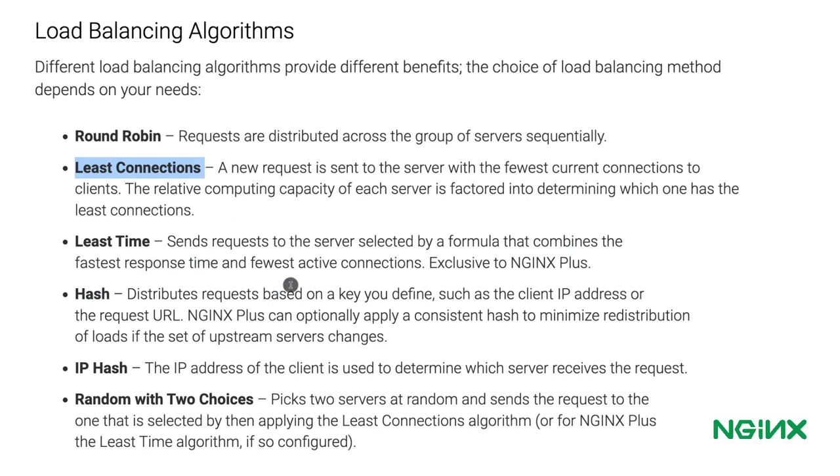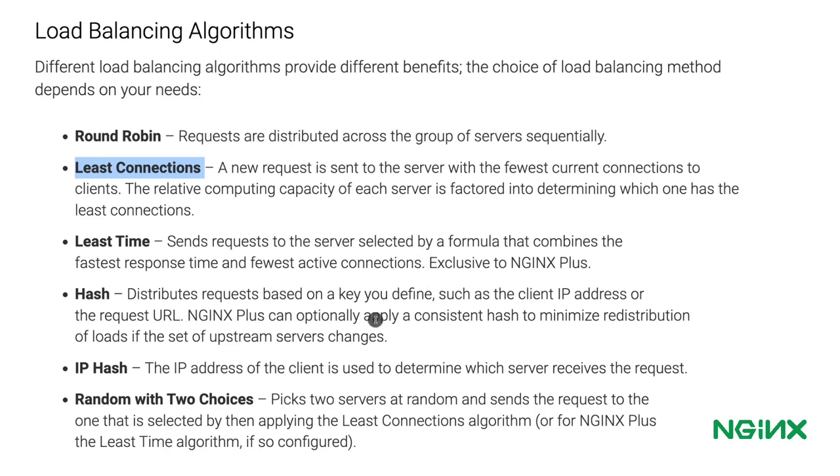Distribute the requests based on a key you define, maybe such as the client IP address, which means that when the client makes a request, it is almost guaranteed that the request will land on the same server. Then obviously you can take advantage, maybe if you are storing a session, or you are caching some data for that particular user, then this could be a good approach.